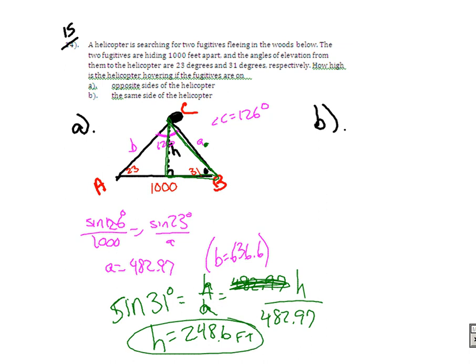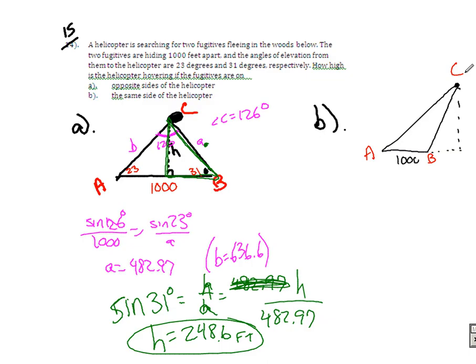Now, for part B, the picture is going to look something like this. They are both on the same side of the helicopter. The guys are still 1,000 feet apart. I'm going to try to name it as triangle ABC.